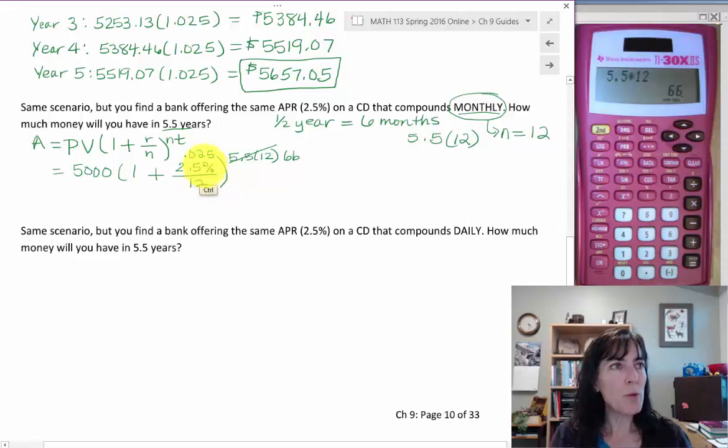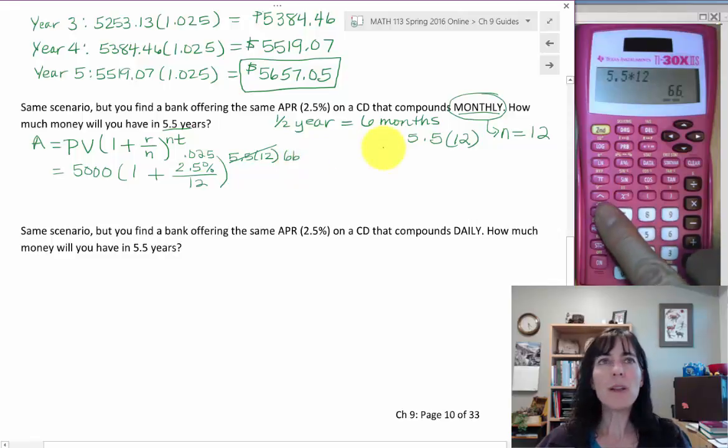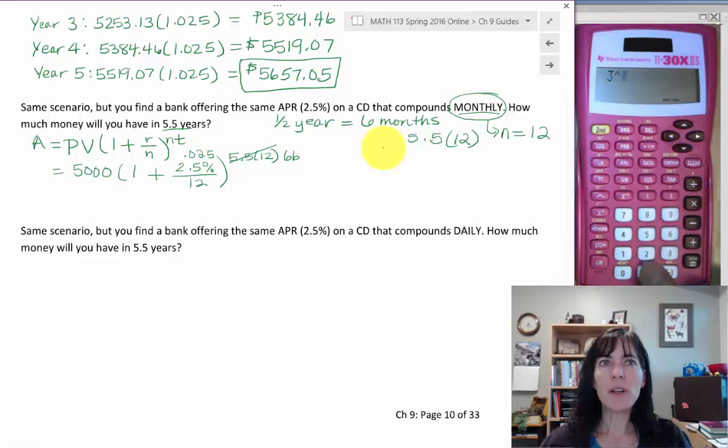And then what I'm going to do is calculate inside of here, and then I just know I need a to the 66 when I get to this point. Think of this button, I always call it your to the button, but think of it as an exponent button. So I have 3, for example, 3 to the 2nd power, that's 3 squared. So 3 times 3 should be 9. So when I push equals, it's 9. So that's how we do that button.